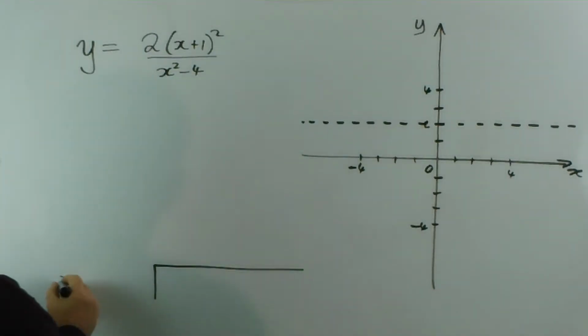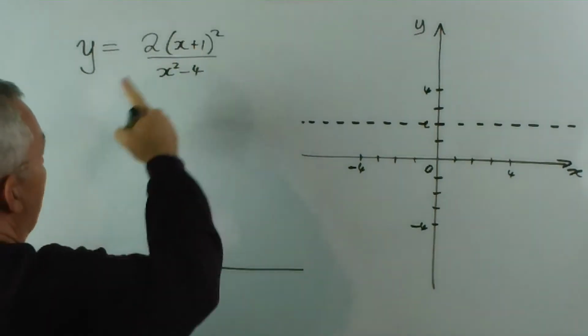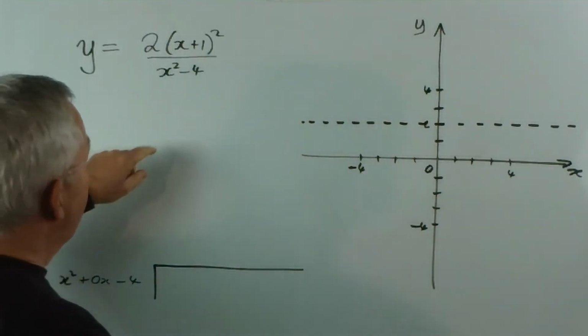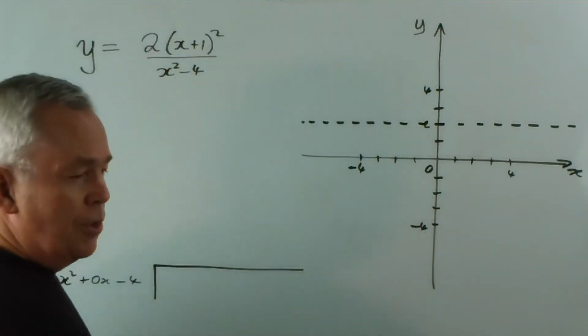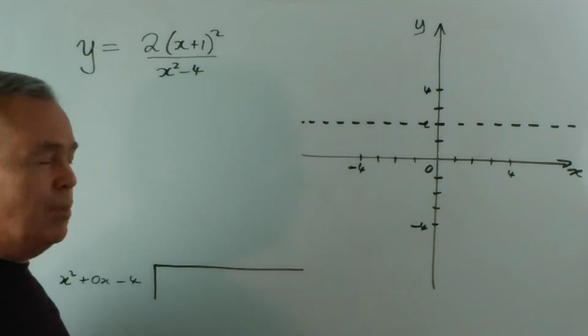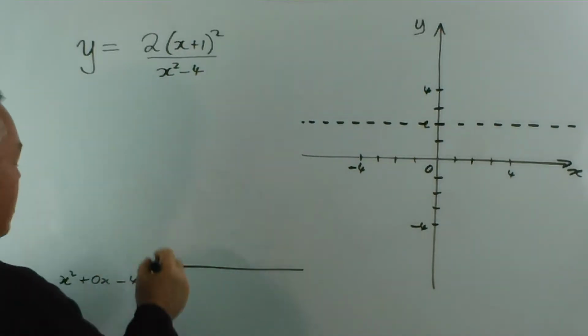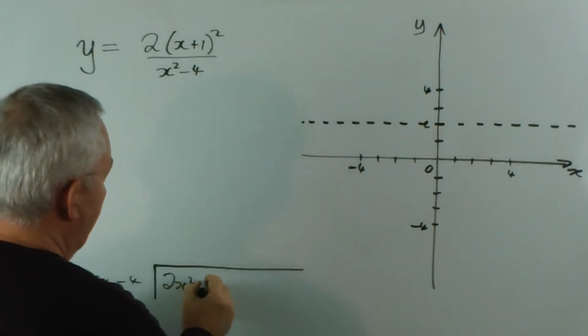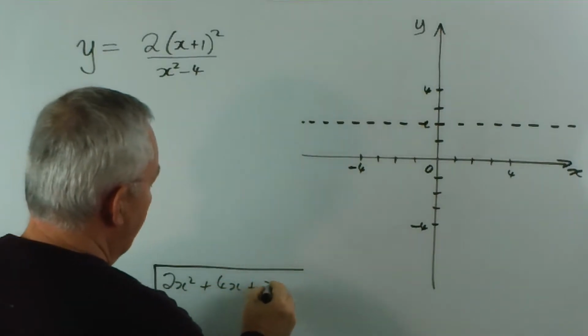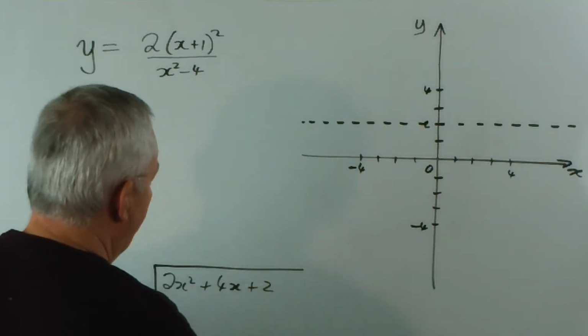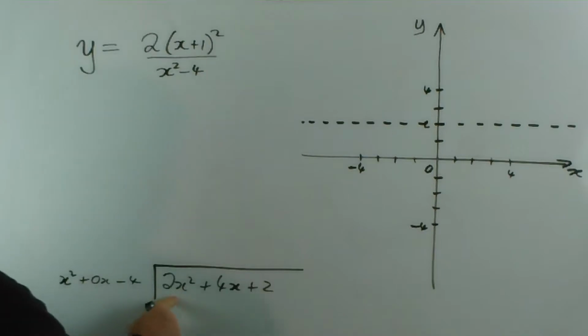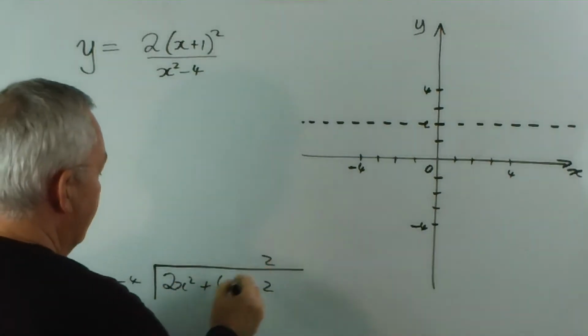We've got x squared and no x's minus 4. And on the top, now I should have expanded this, x plus 1 all squared is x squared plus 2x plus 1. And let's double it. So I've got 2x squared plus 4x plus 2. x squared into 2x squared goes twice.